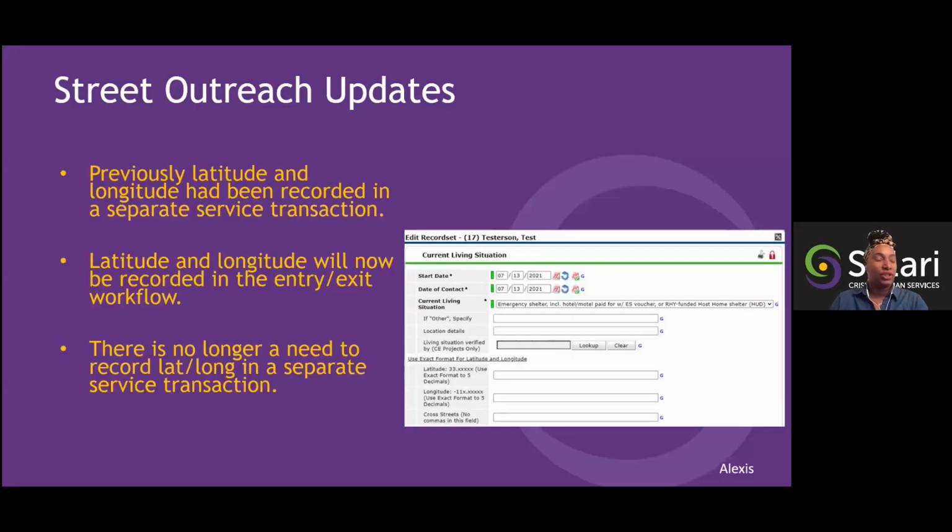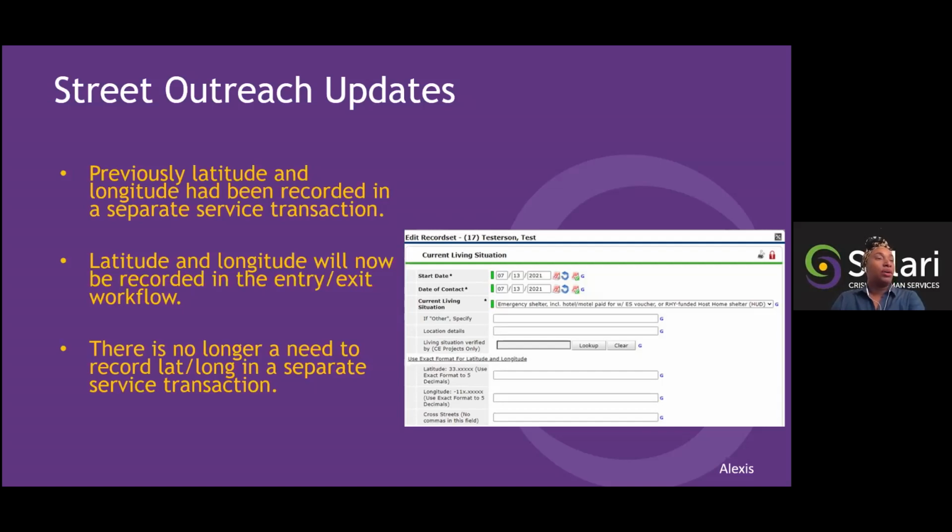And then we wanted to add some additional changes that will be impacting the HMIS system with regards to street outreach, latitude and longitude. Previously, latitude and longitude has been recorded in a separate service transaction. Latitude and longitude will now be recorded in the entry-exit workflow.